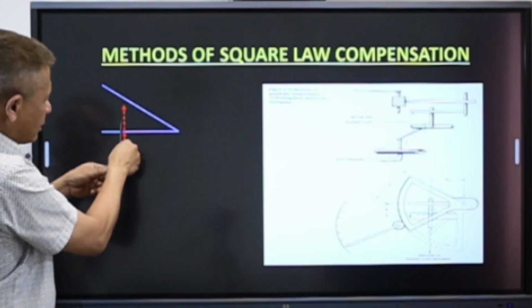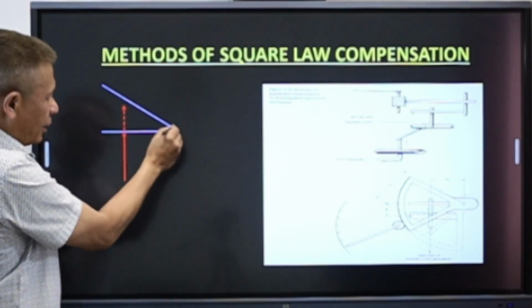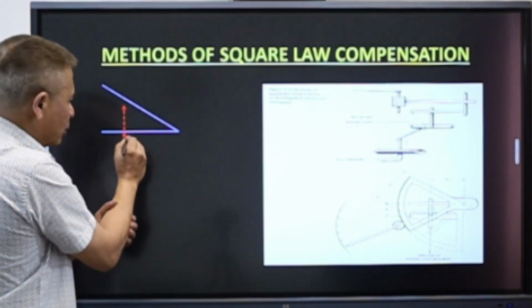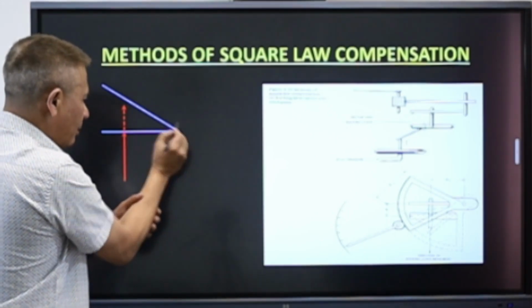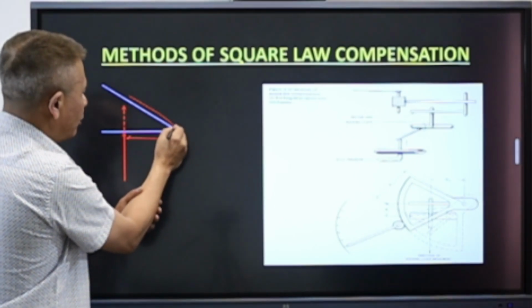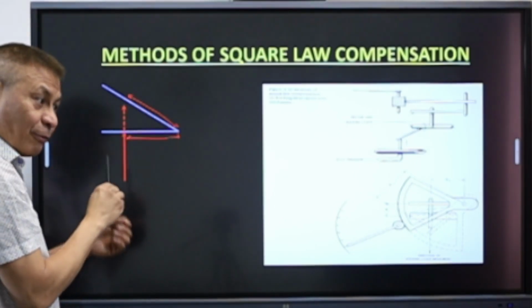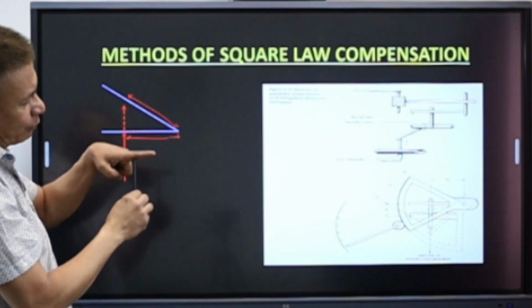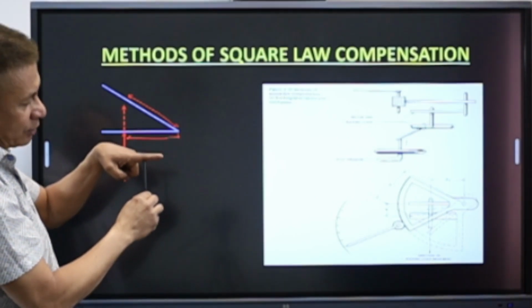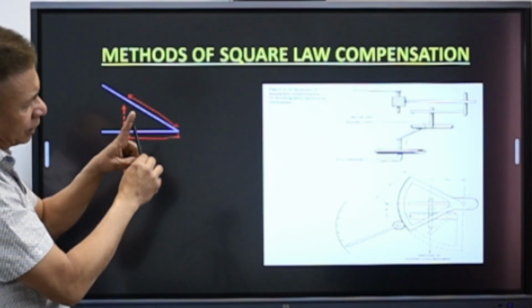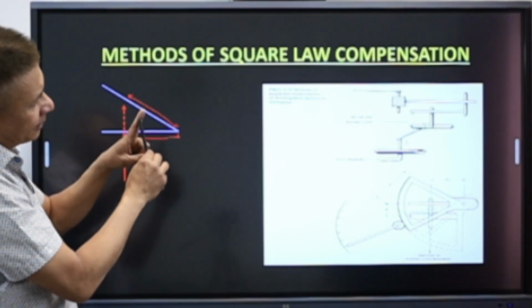When I push this lever up and down, as you can see, it forms a kind of triangle. At the neutral position, the distance from this place to this place is lesser, but as the capsule expands, this particular point which is pushing that lever is going further away from this.